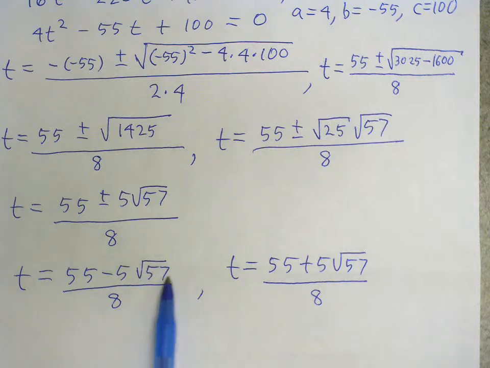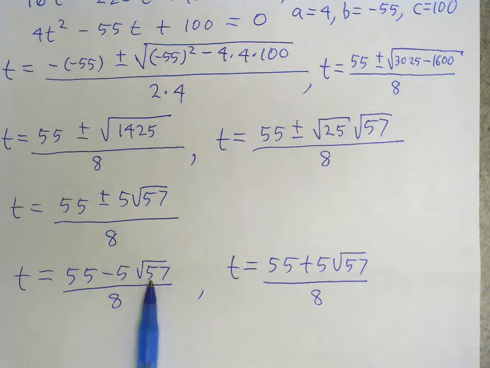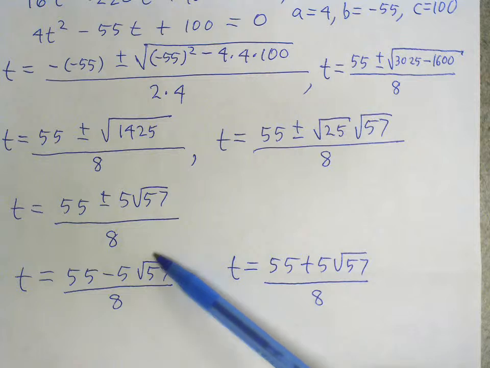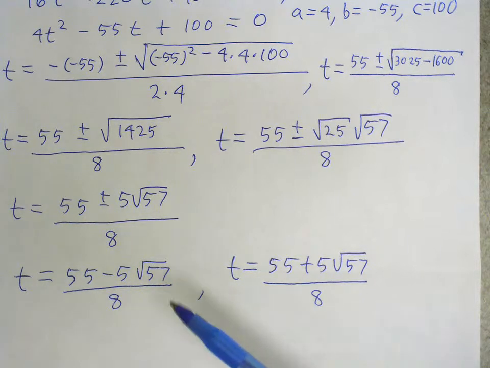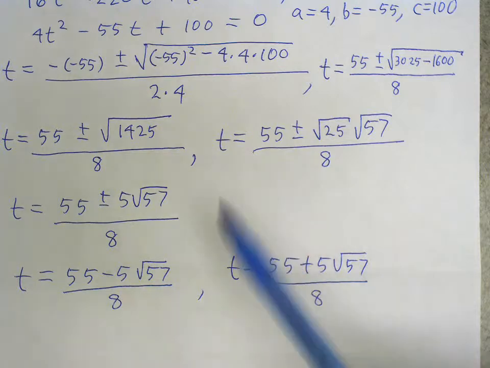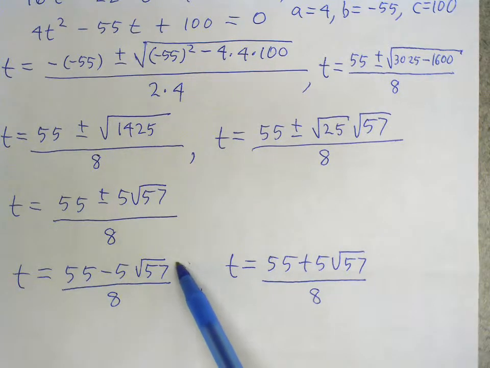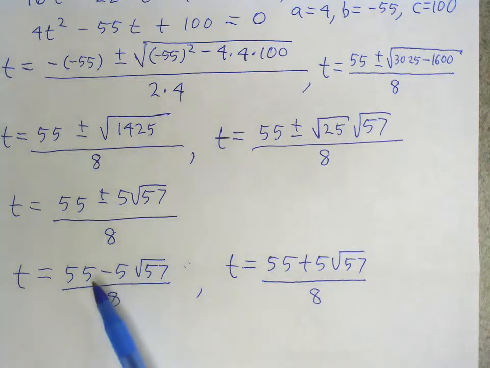So if you just round it up to 8, 5 times 8 is 40. 55 minus 40 is 15, and 15 divided by 8 is a number a little bit smaller than 2. So when you key this into your calculator, you're looking for a number that's around 2 seconds. Not exactly 2 seconds, but close to 2 seconds.